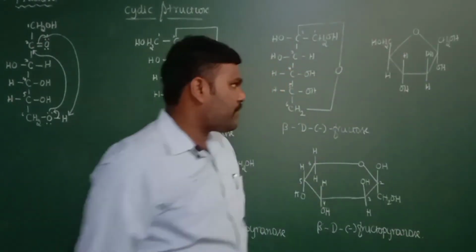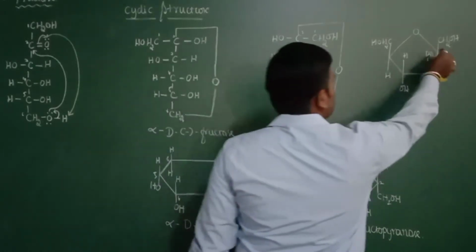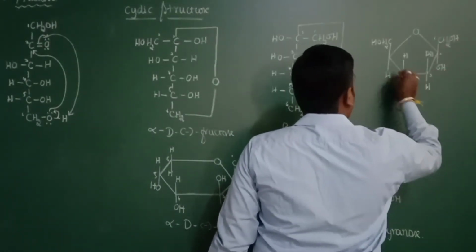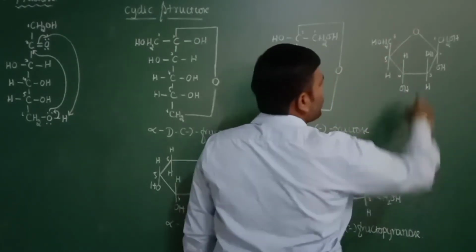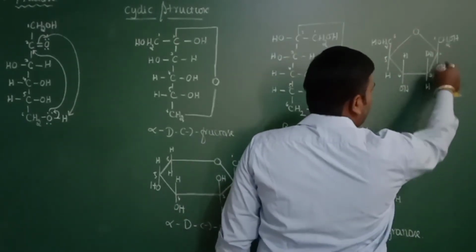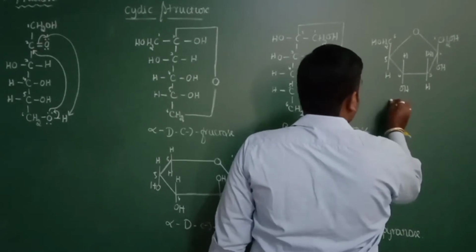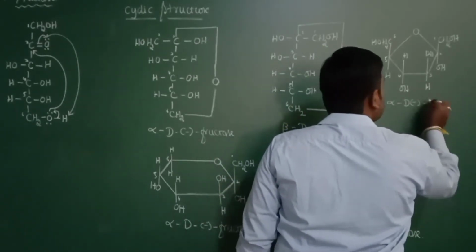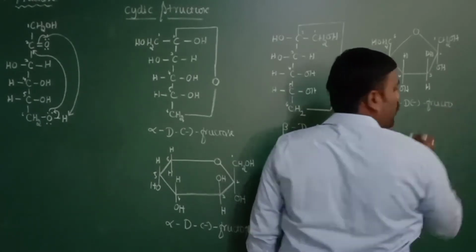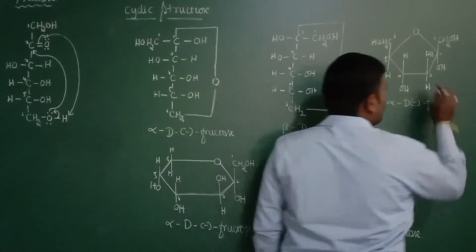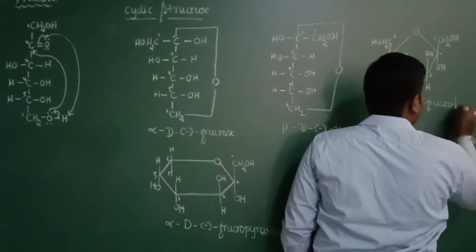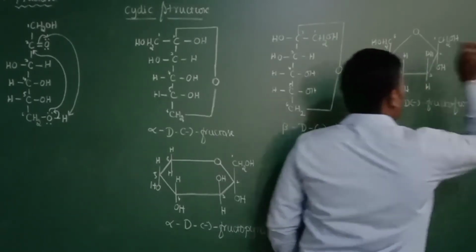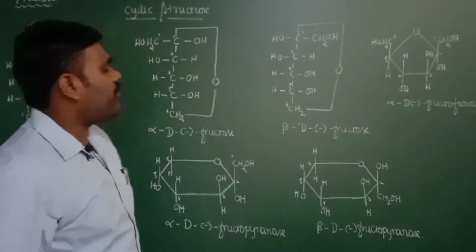So this is the thing. And you can observe at the first position of the ring, 1, 2, 3, 4, 5, and 6. At the first position of the ring, the OH group is present on the bottom edge, so it is alpha D minus fructo, but it is not going to be written as pyranose. Since it is a 5-member ring, it should be called furanose. So that's the name of the fructose molecule.